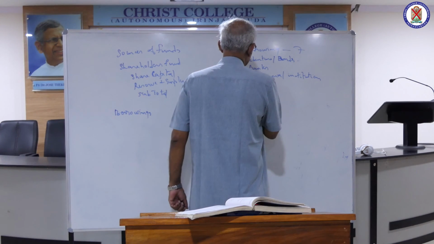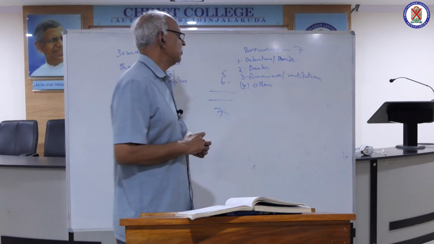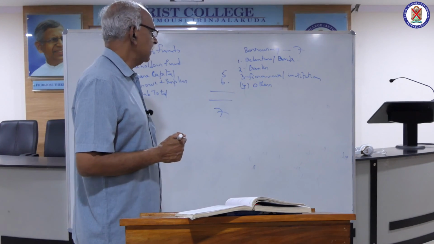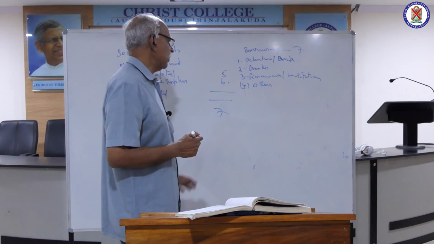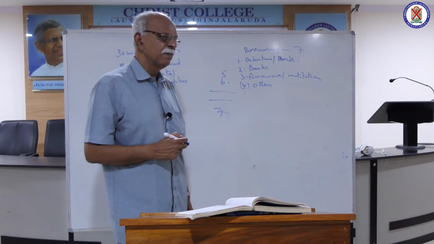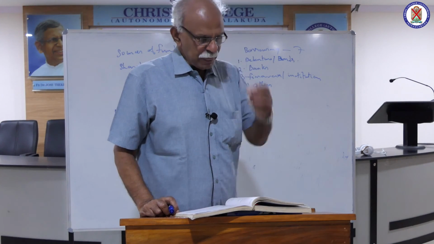You have to point out which they are. So under borrowings come borrowings on debentures or bonds, borrowings from banks, borrowings from other financial institutions, and other kinds of borrowings.